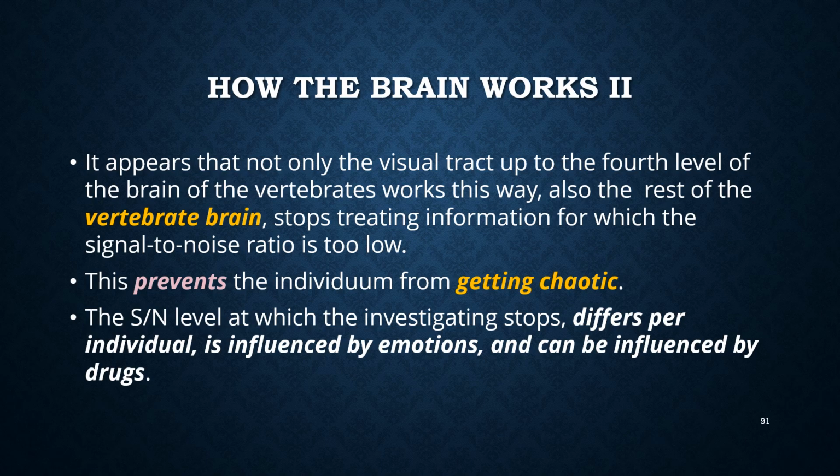It appears that not only the visual tract up to the fourth level of the brain of the vertebrates works this way, also the rest of the vertebrate brain stops treating information for which the signal-to-noise ratio is too low. This prevents the individual from getting chaotic. The signal-to-noise level at which the investigating stops differs per individual, is influenced by emotions, and can be influenced by drugs.